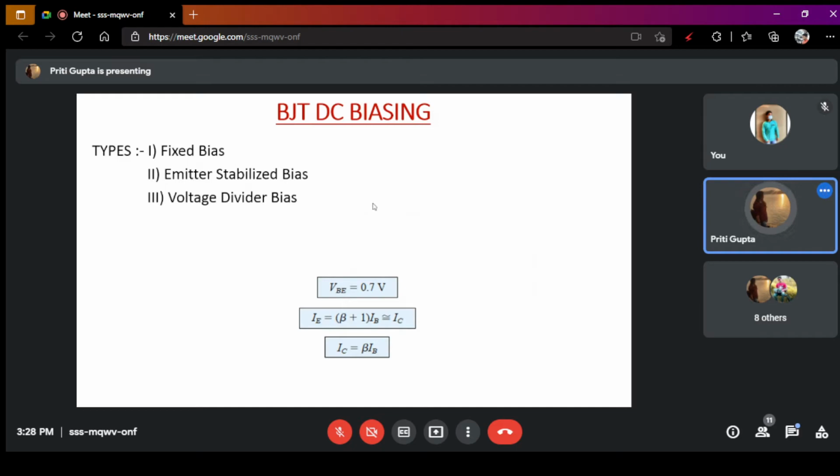Now you may ask why biasing is important. The basic purpose of transistor biasing is to keep the emitter to base junction always properly forward biased, and the collector base junction always properly reverse biased during the application of signal. This is the main purpose of biasing.